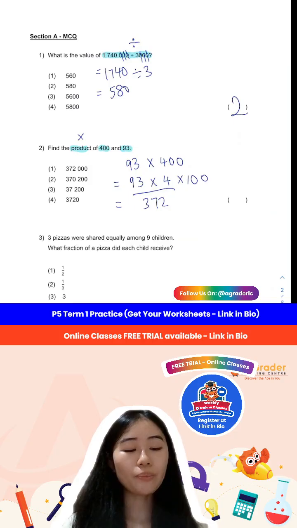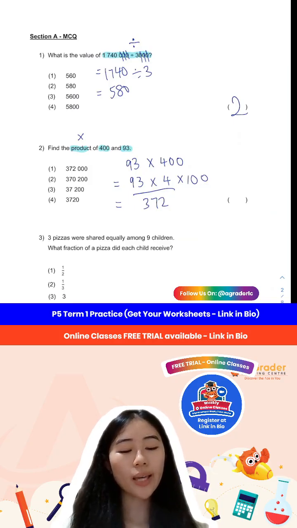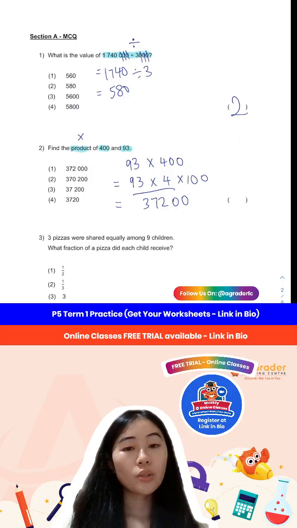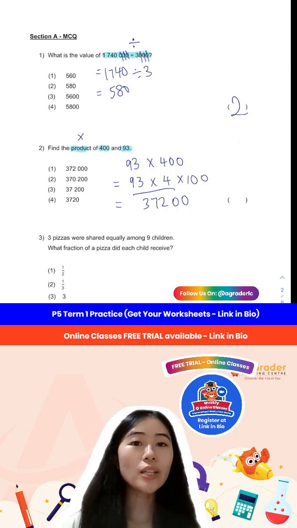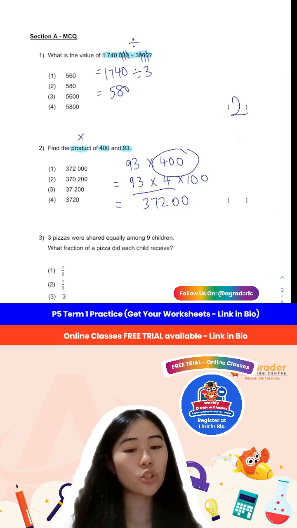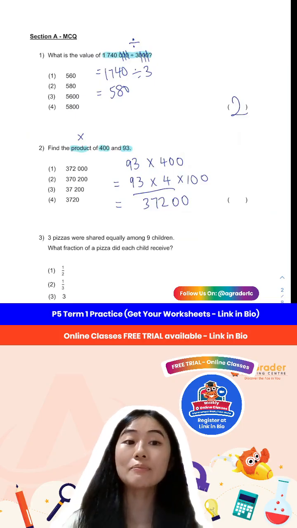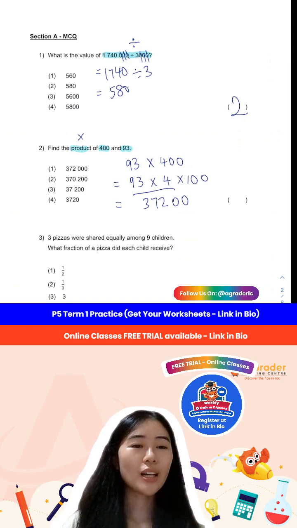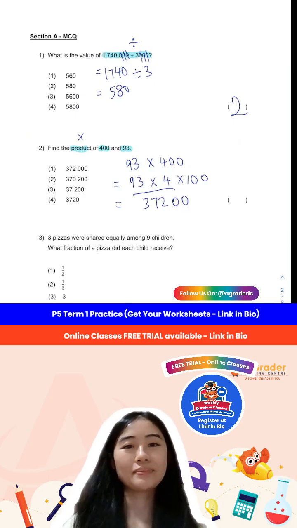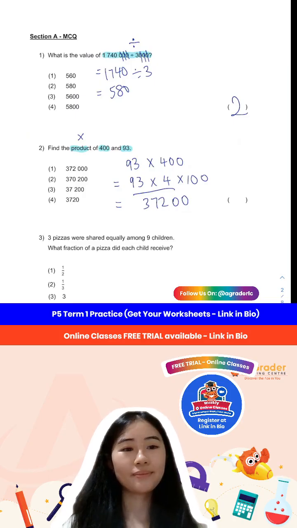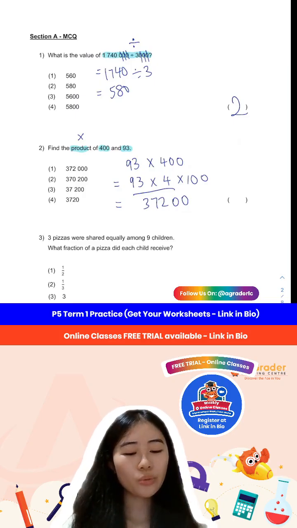And then the two zeros, just add it at the back. If you use this method, then you only need to use single digit multiplication, instead of multiplying 400, which you might be prone to careless mistake. And no calculator for MCQs. So this will be option 3 as your answer.